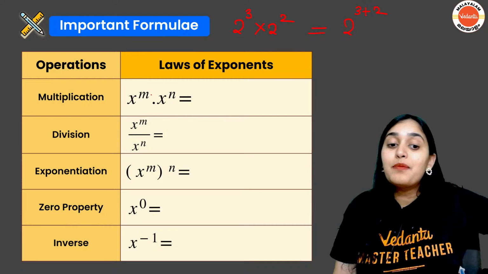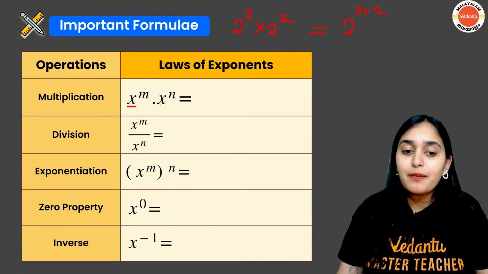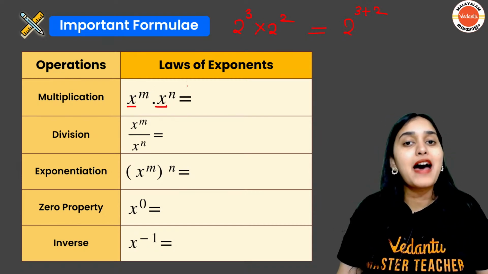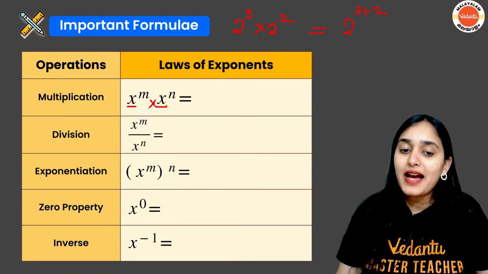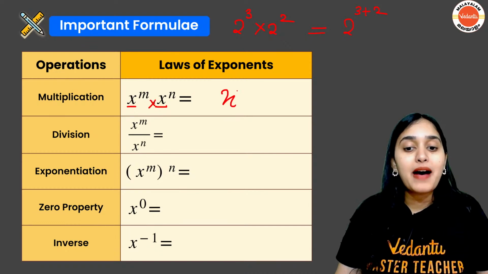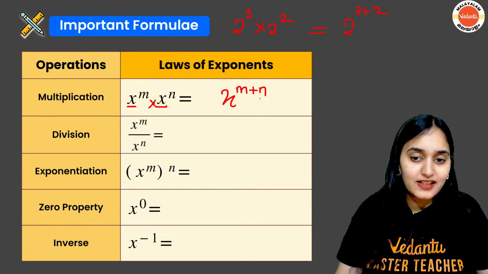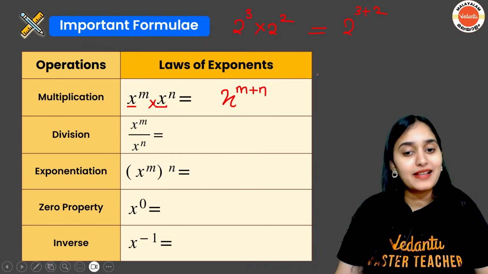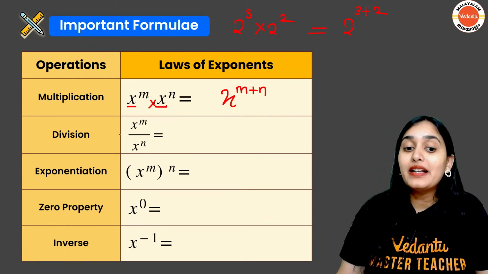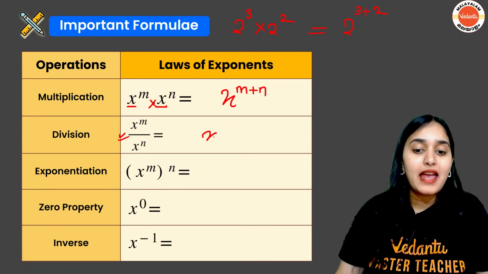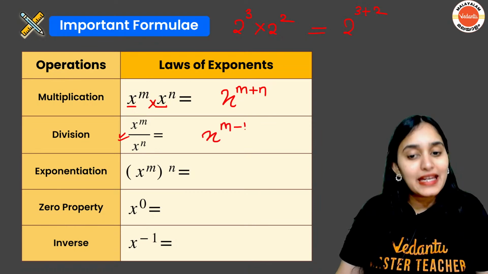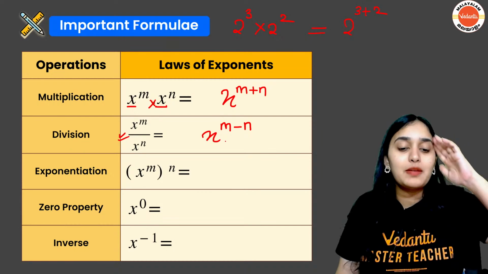So in algebra, we have learned same base, different powers. When multiplied, what happens? The power is added. So x to the power m plus n. Very good. When it is division, what happens? x to the power m minus n. We do subtraction of the powers.